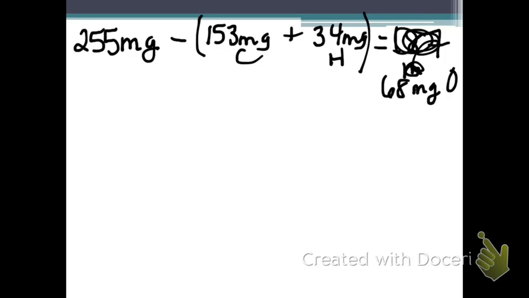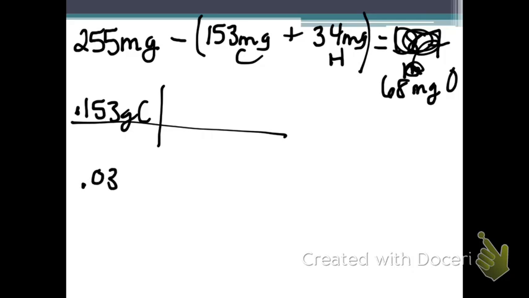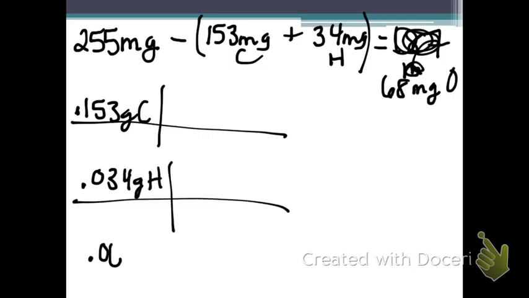Now I'm good to go. Like a typical empirical formula problem, I have 0.153 grams of carbon, 0.034 grams of hydrogen, and I have 0.068 grams of oxygen.